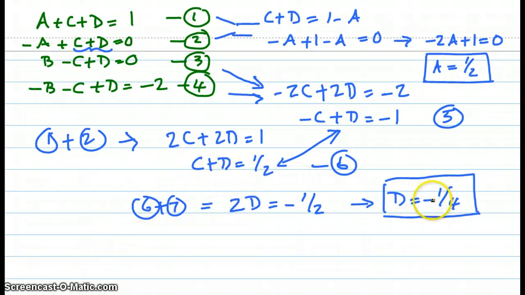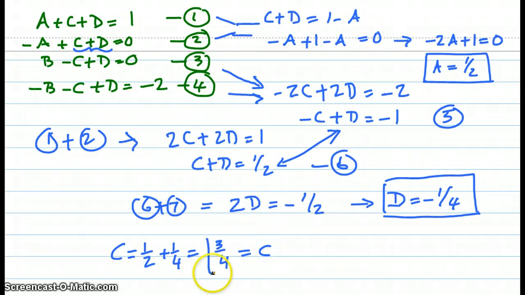If I substitute the d value that I just found in equation 6, I get c equals 1/2 minus d. So minus of minus 1/4 becomes plus 1/4, which is 3/4. Okay, so that's the c value. Substituting c and d in either equation 3 or 4, let's do it in 3, will help us evaluate b.